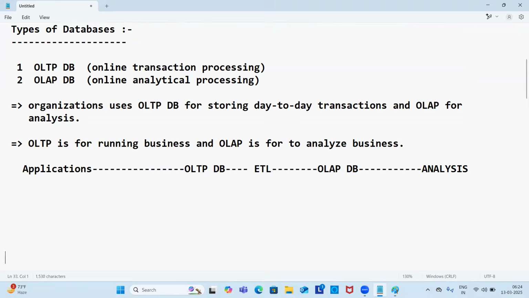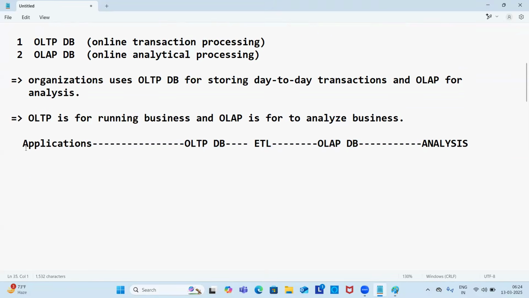In every phase, how are the applications developed? By using Java, .NET, Python, HTML, JavaScript, React.